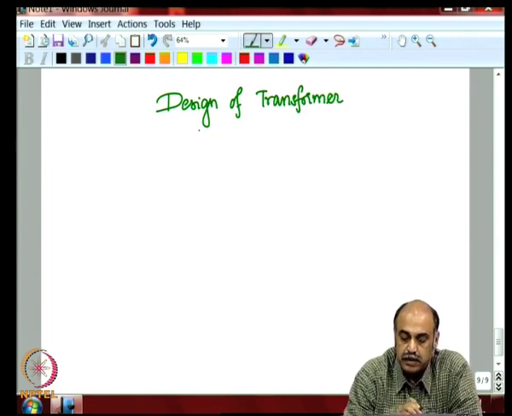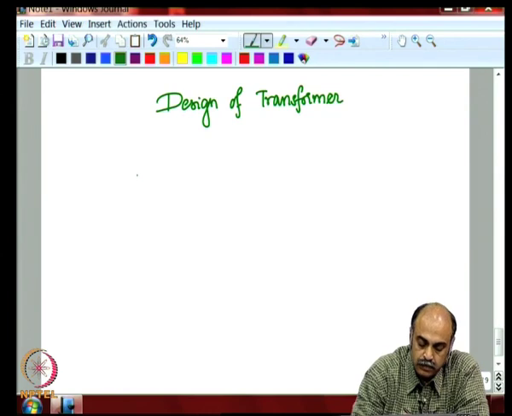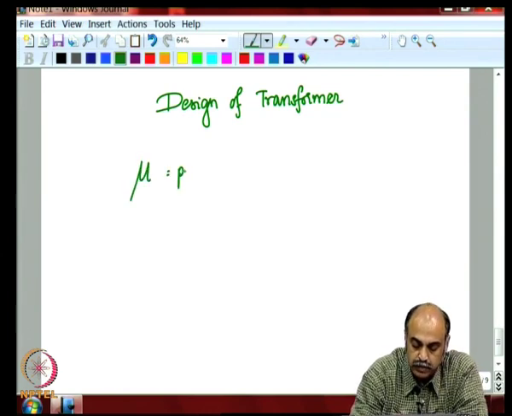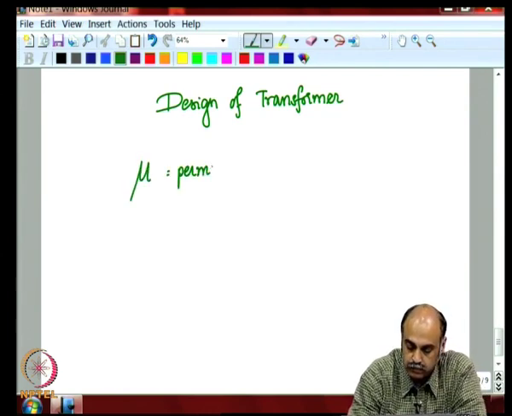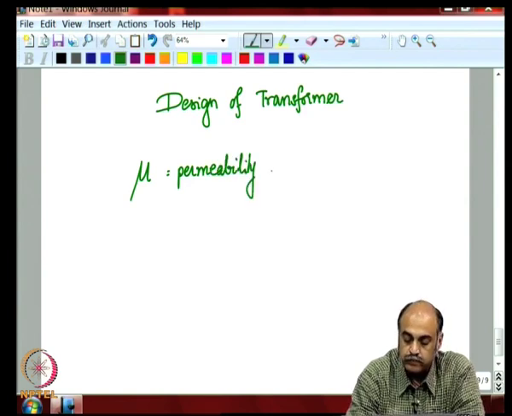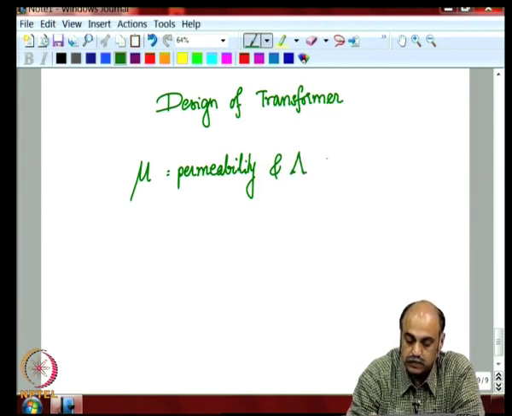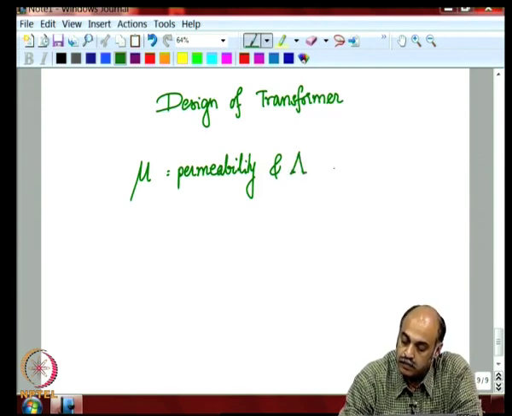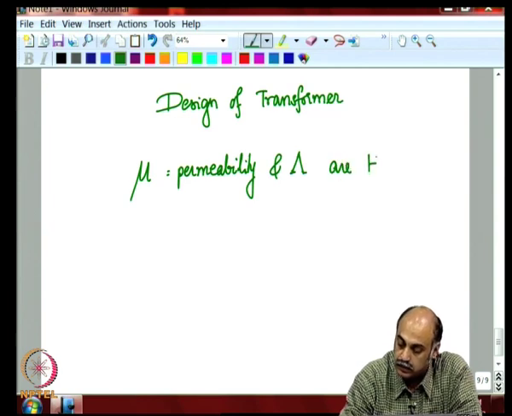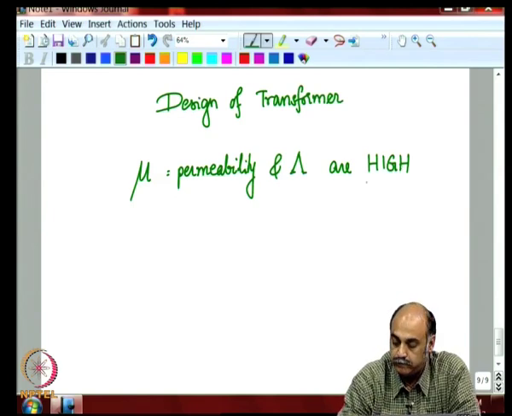Hence, the permeability mu, and hence the permeance, are high. It is required to be high.